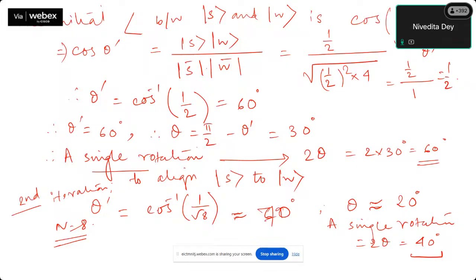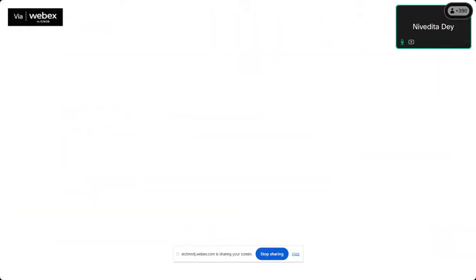So again we have come below W instead of converging. Now here we are left with a very important question: optimally, how many rotations are needed?